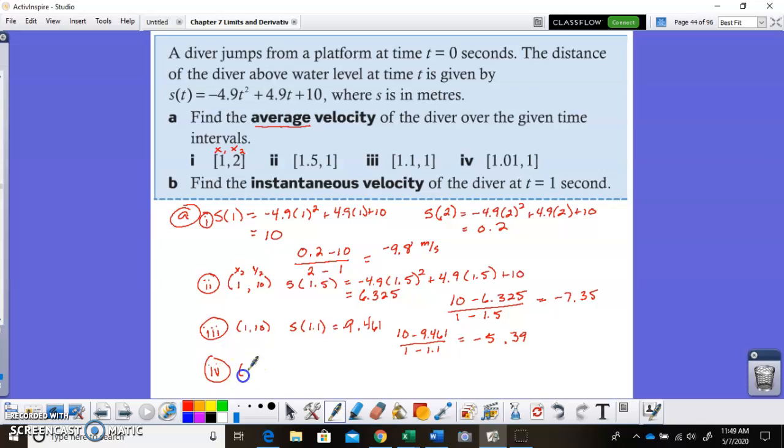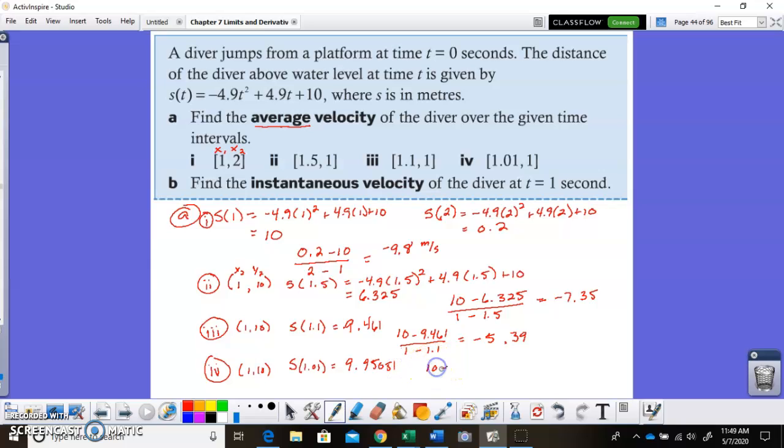Okay, so again, we're using the point 10 as our second point, but this time we're looking at S of 1.01. I'm just doing a little copy and paste in my calculator and putting a 0 in. Make my life a little simpler there. And I'm getting 9.95051.